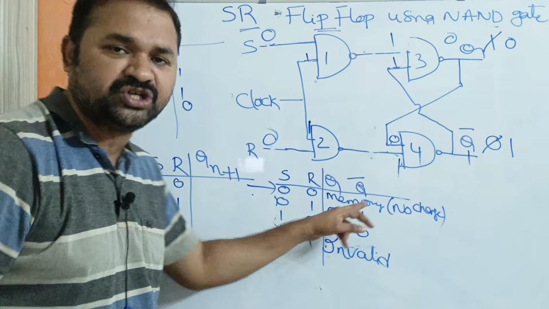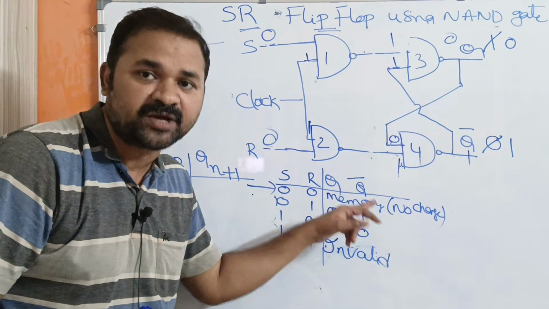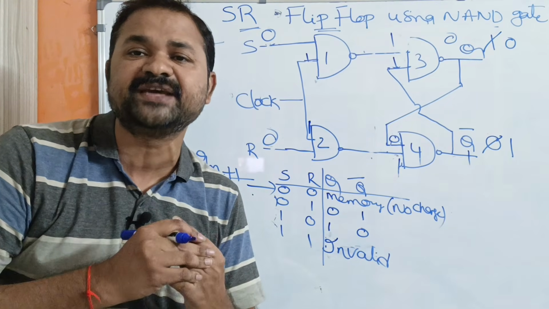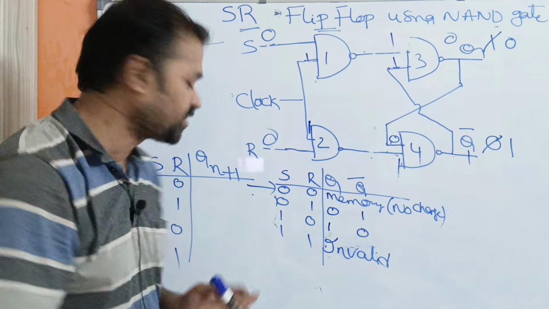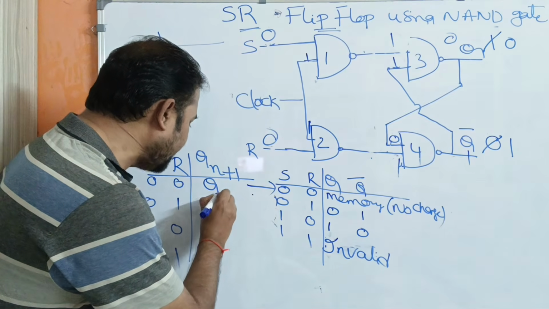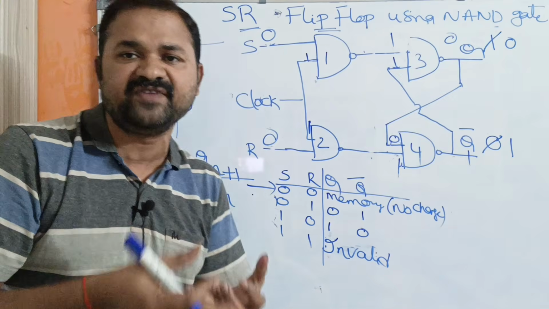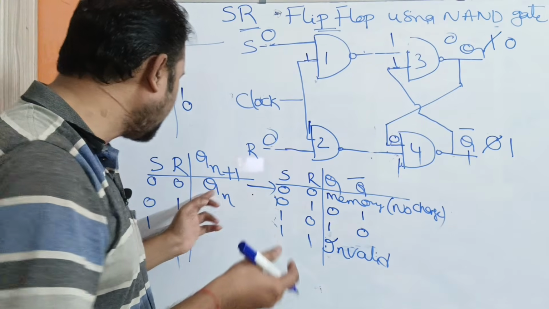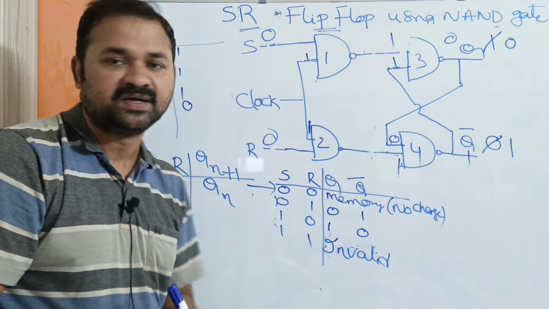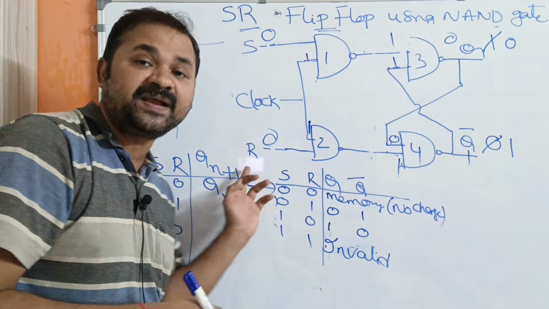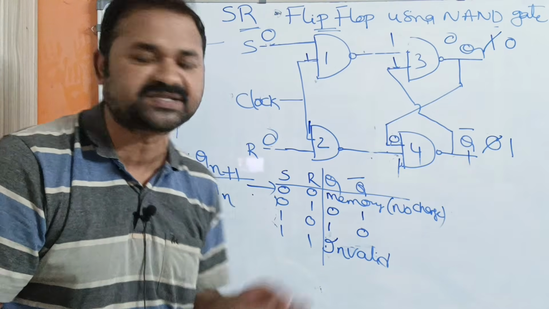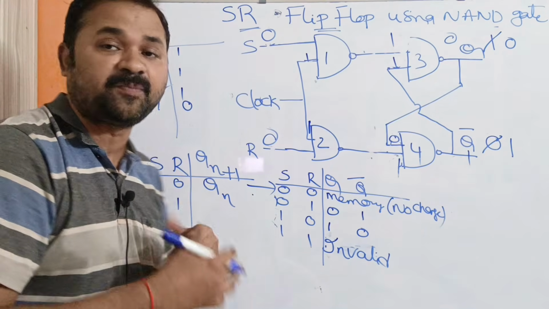First, 0 0. 0 0 is for memory. Memory means there is no change in the previous output. So we will get Qn. Qn plus 1 means after applying the clock pulse, and Qn means before applying the clock pulse.